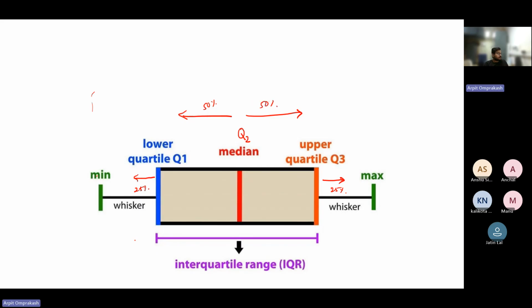Right. Now this whisker indicates what is the minimum value. So sometimes the minimum value can fall within this range, so you don't have a whisker. Sometimes it can fall here, so you have a whisker. And generally, the length of the whisker is basically 1.5 times the quartile value, right?